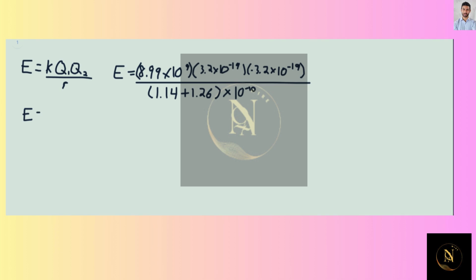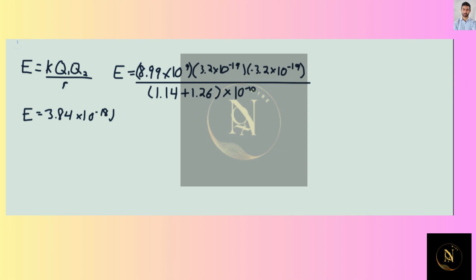That means E is going to be equal to 8.99 times 10 to the 9th times 3.2 times 10 to the negative 19th, over 1.14 plus 1.26 times 10 to the negative 10th. So this is going to be 3.84 times 10 to the negative 18 joules.